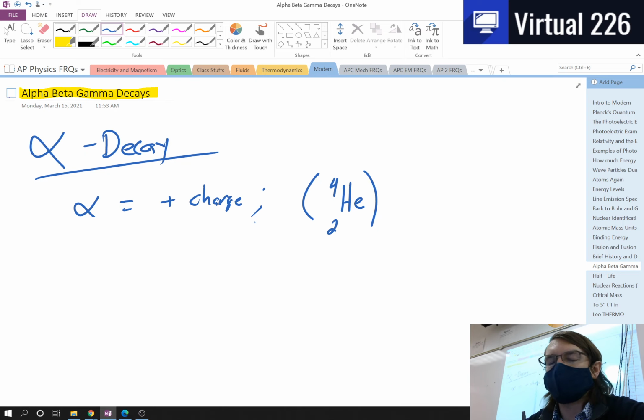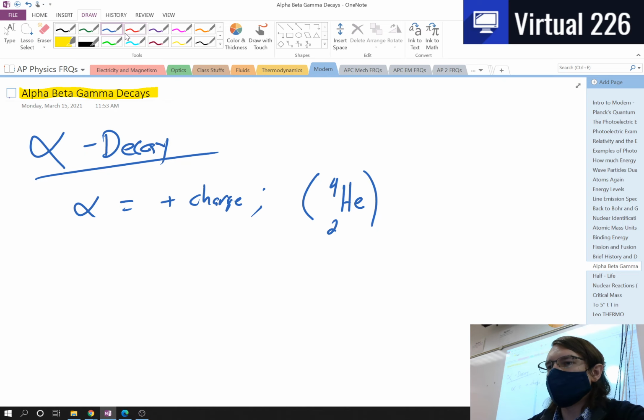They are the same thing. So what we mean by this is that if you're ripping 2 protons off of the nucleus of something, and with it, you bring 2 neutrons as well, then what you've done is you've ripped off an alpha particle or a helium.